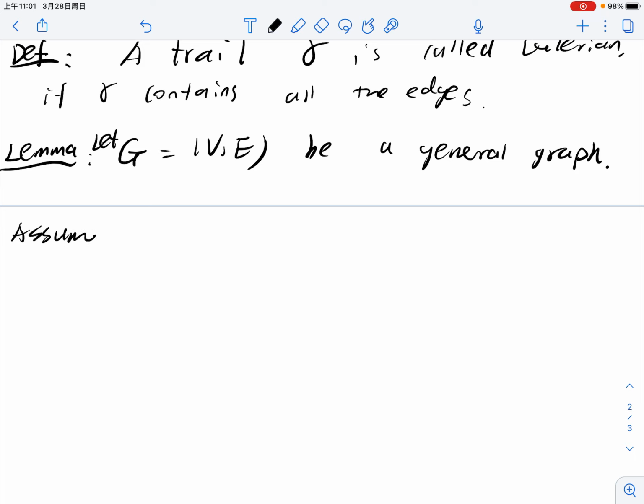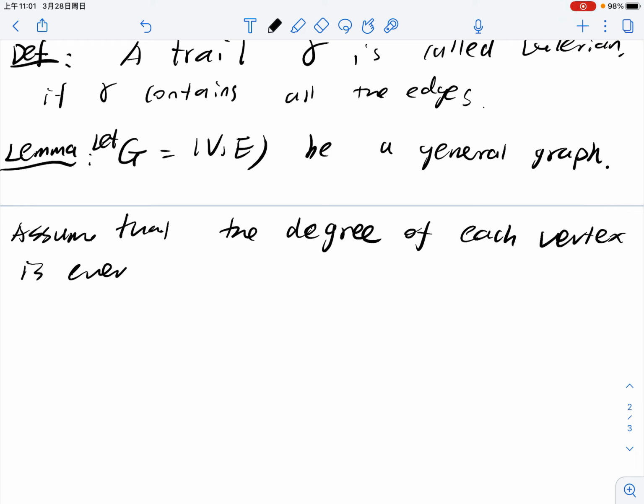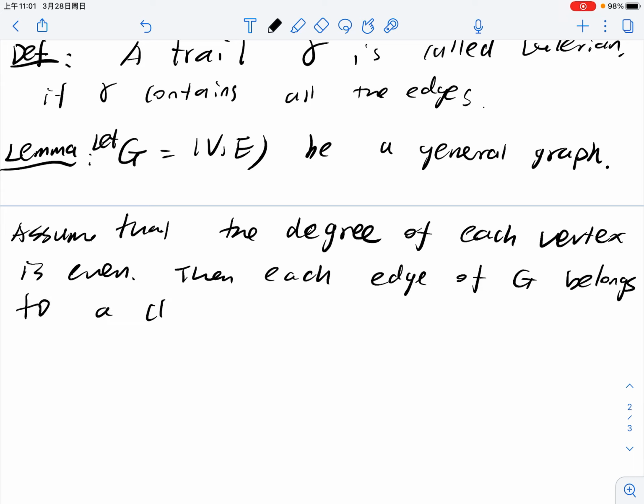Assume that the degree of each vertex is even, then each edge of G belongs to a closed trail and hence to a cycle.